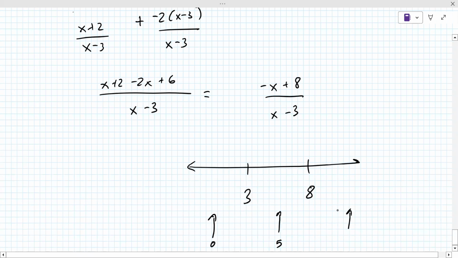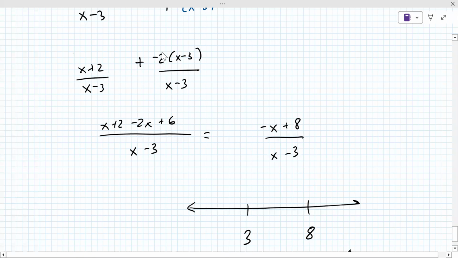Would it not be negative 8? Looking at minus 2 times minus 3 is positive 6 up here. You distribute that negative to both. So that's 2 and 6, which is 8. x minus 2x is minus x right there.